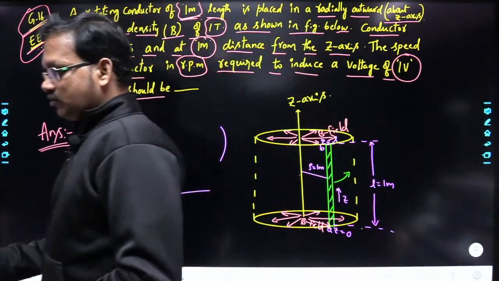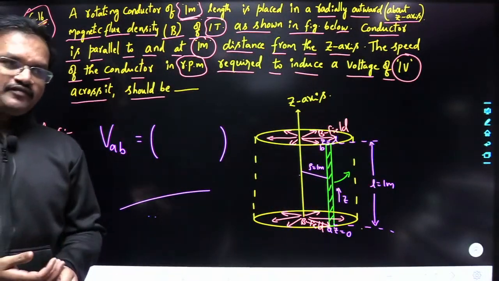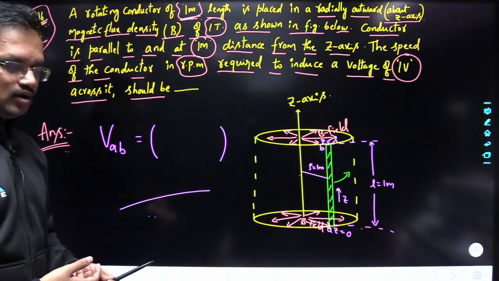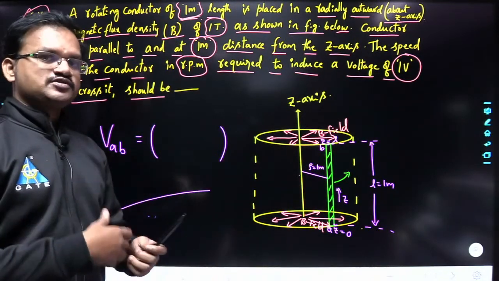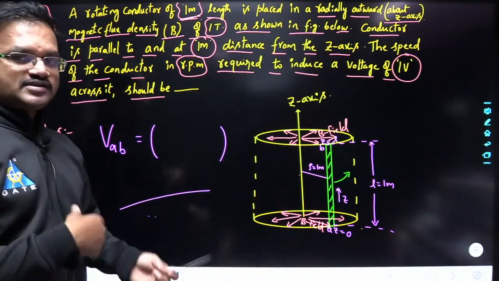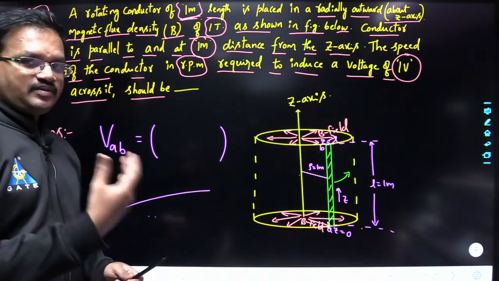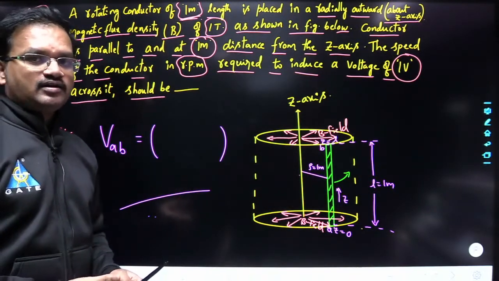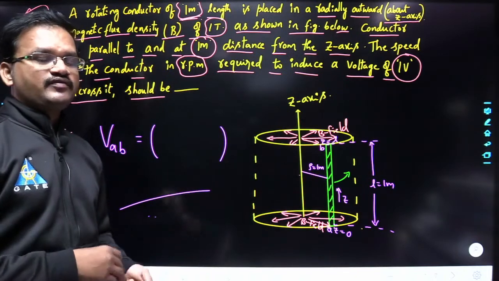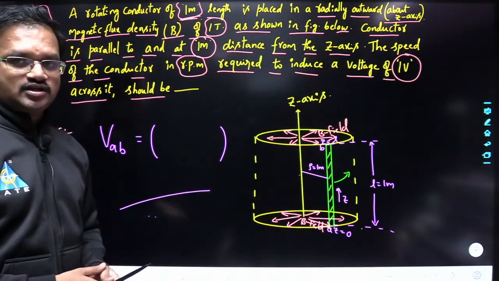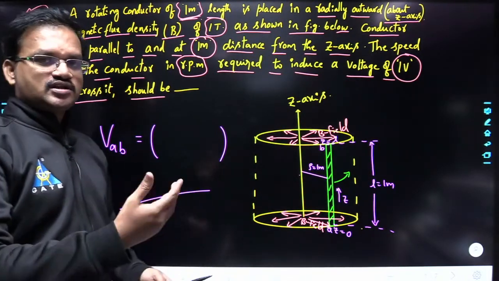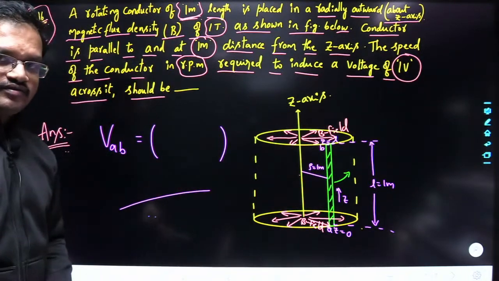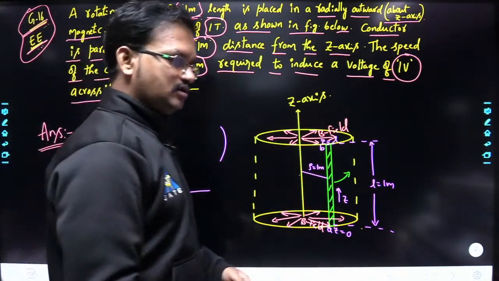First we have the formula in terms of linear velocity, so first write the expression in terms of linear velocity, then replace linear velocity with angular velocity using the relation between linear velocity and angular velocity. That's it.